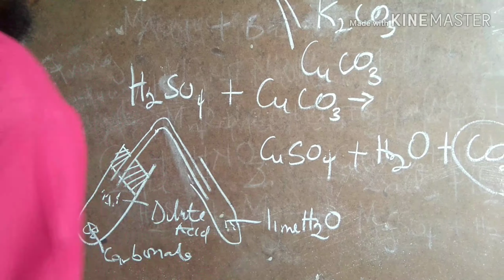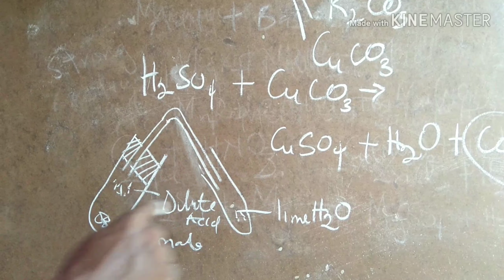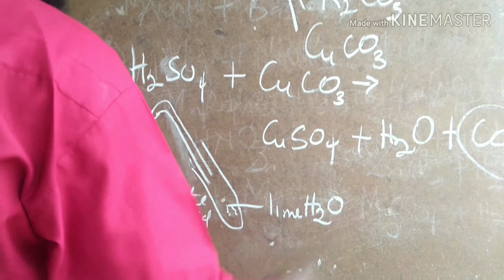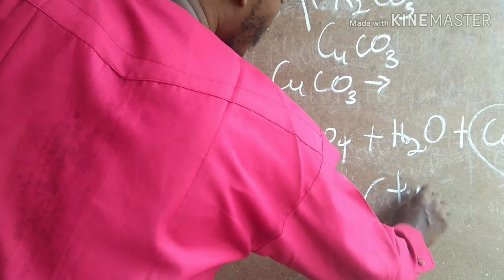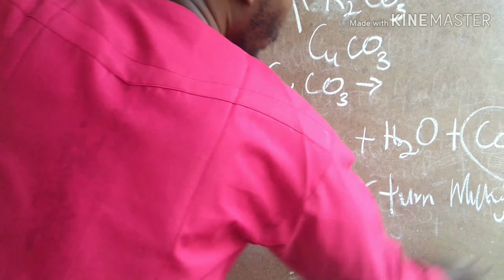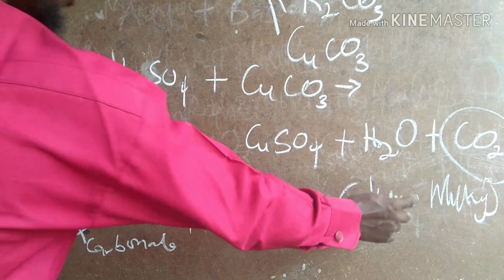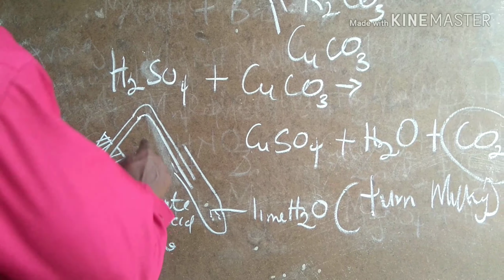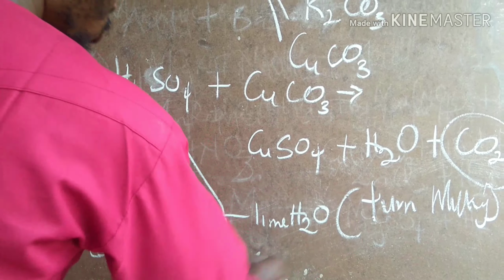So if that gas is CO2, that is it, I'm testing for gas now. I'm testing whether the gas is CO2. So if the gas is CO2, definitely that lime water will turn milky, which is an indication or confirmation that the gas that is being released is CO2.